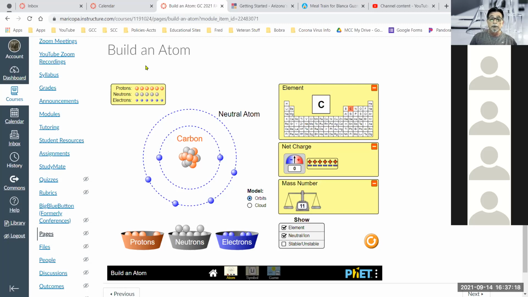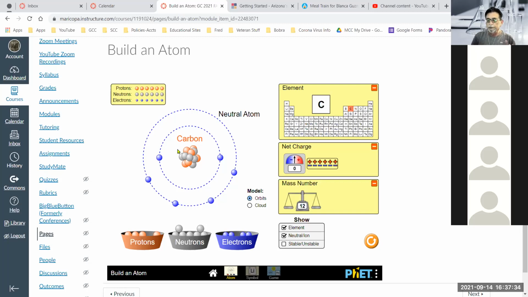Okay, here we go. Notice up in the upper left, the number of protons, and then we're going to add the number of electrons. So everybody's all evened up. We got carbon. This represents carbon 12 with 6 protons, 6 neutrons.